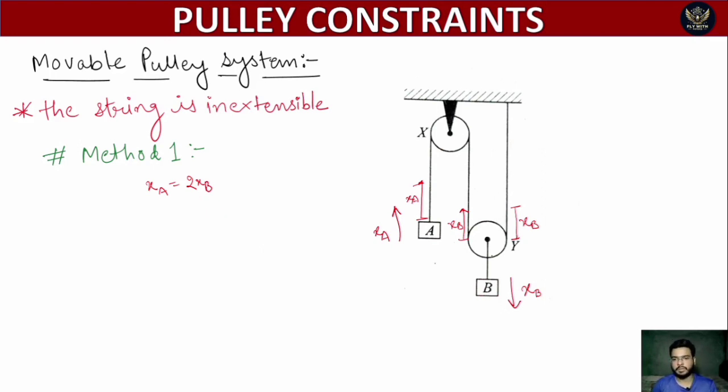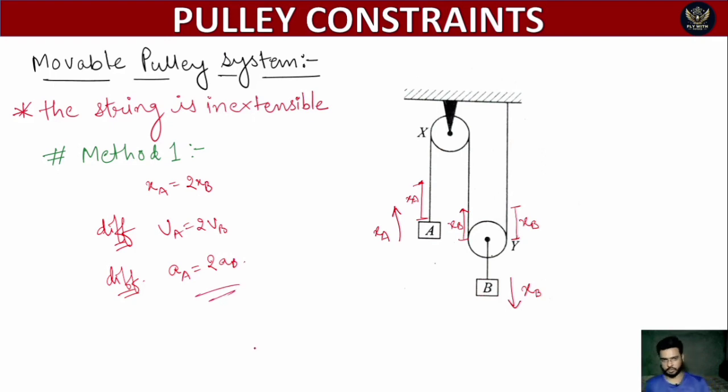So this is the first method. The first method is just taking the relation between the displacements, and then you just differentiate this equation. So we will get va is equal to 2vb, and if you differentiate again, we get aa is equal to 2ab.